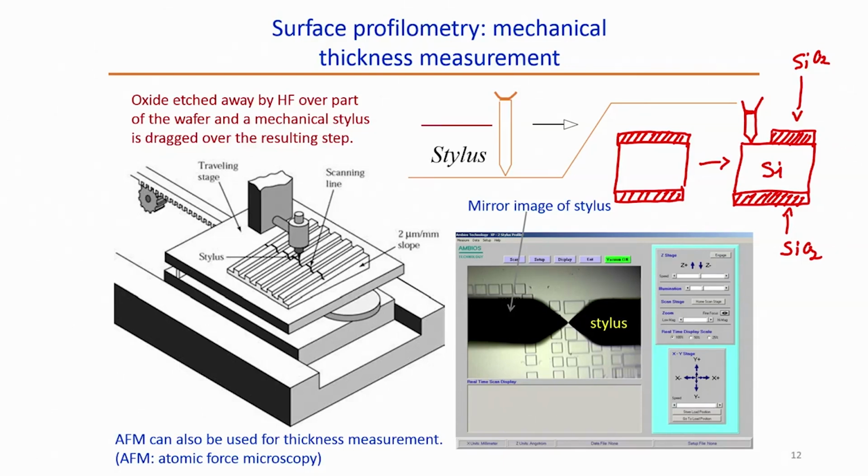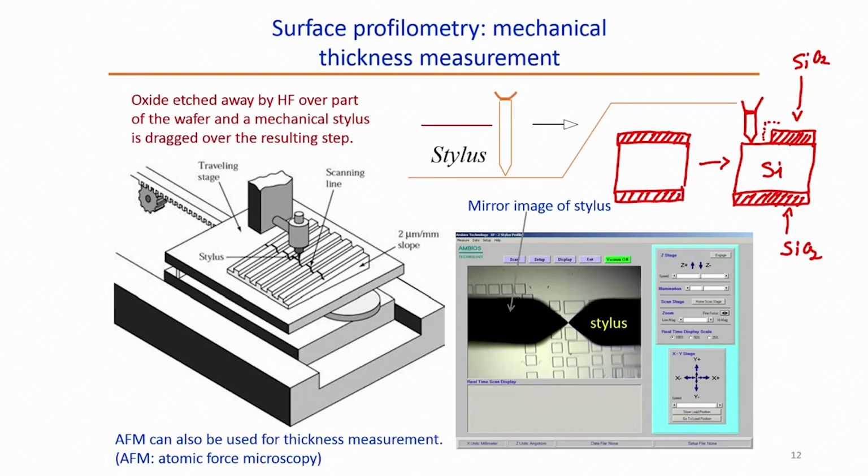When it goes here, there is a step. Because of this step, the stylus will bend and the corresponding bending of the stylus will be calculated, and that will be your z direction, and corresponding to that we can know the thickness of the silicon dioxide.